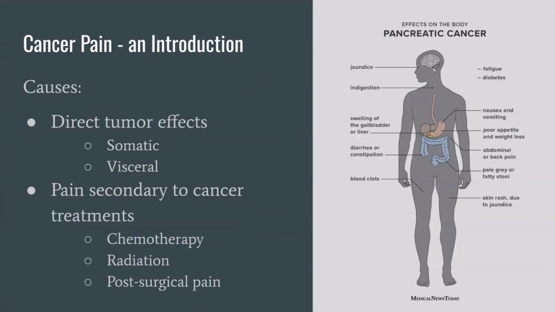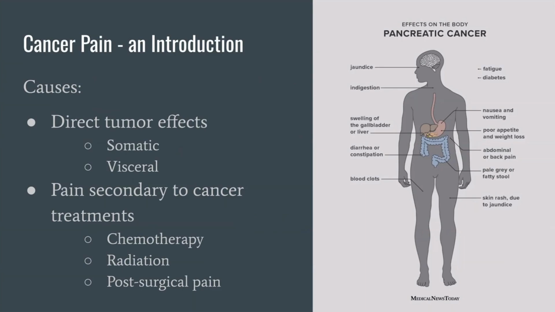So cancer pain is a very broad topic. And when we talk about cancer pain, we are referring to two main subtypes. Pain as a result of the tumor itself. This can be excruciating visceral pain, as commonly seen in pancreatic cancer, or somatic pain, such as that due to bony extension or neural impingement. And then also pain as a result of cancer treatments.